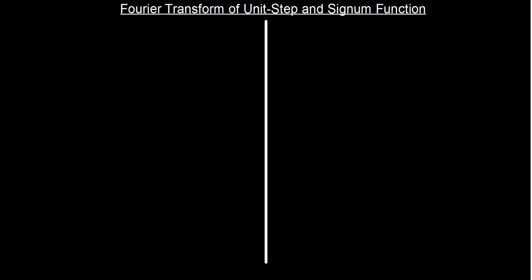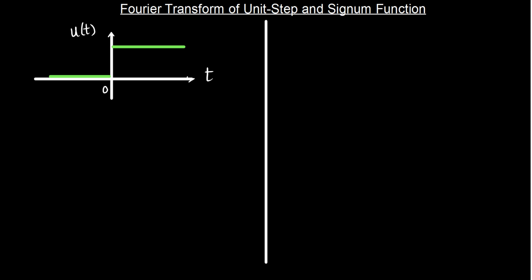A standard signal, the unit step signal, and you know what the unit step signal is. We have already seen that it looks something like this. It is 0 for negative t, it is 1 for positive values of t, and it is undefined at t equals 0. I write that as a function of t, and this signal is called u of t, or the unit step signal.